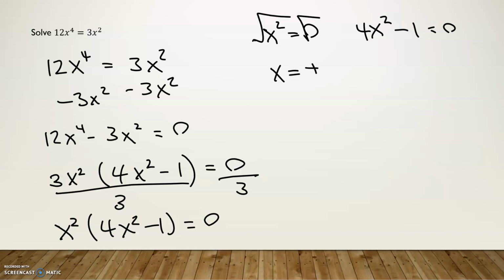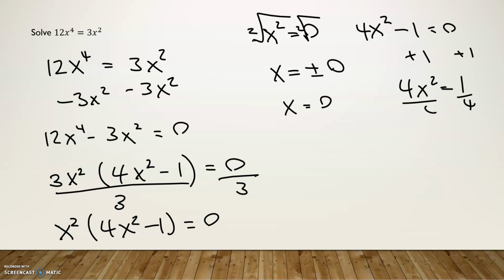So technically you should get a plus or a minus here since we're square rooting them. But 0 is neutral, so it doesn't have a positive or a negative, so it's just 0. Now I'm going to add 1 to both sides here. 4x squared is equal to 1. Divide by the 4.